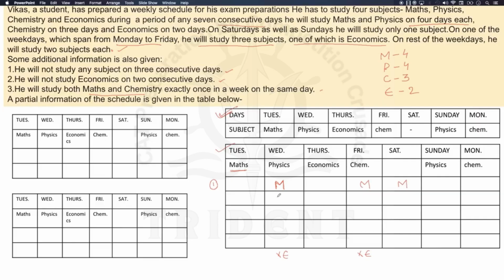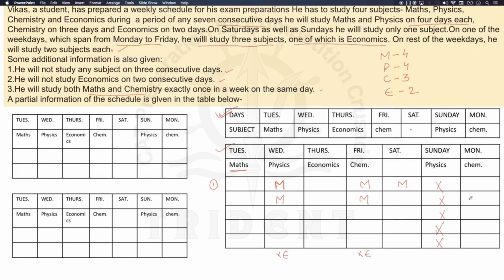Again, fixing the same position for maths on Wednesday, over here maths cannot come. Let's suppose maths is fixed on Friday. This time we aren't giving it to Saturday. We cannot give it on Sunday, because on Sunday we'll have just one subject. So let's cross every possibility.